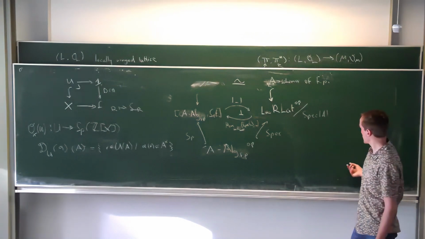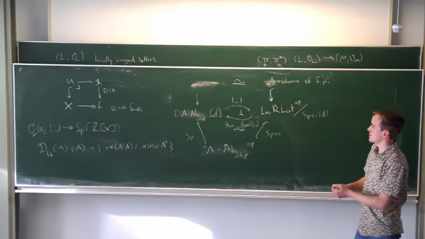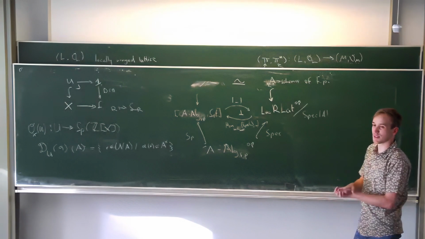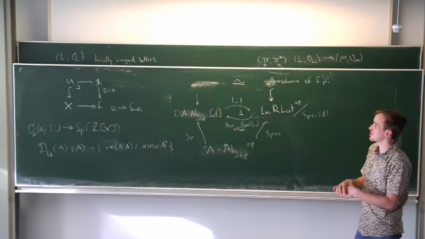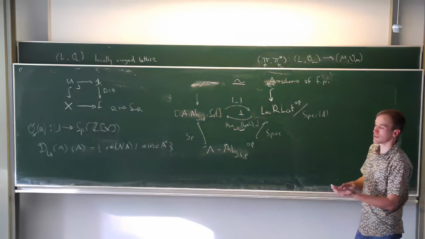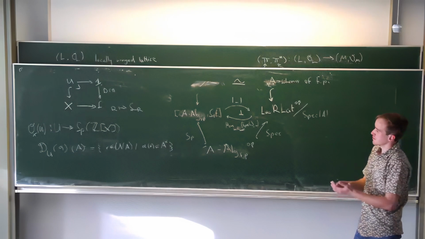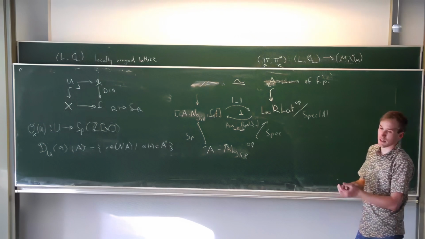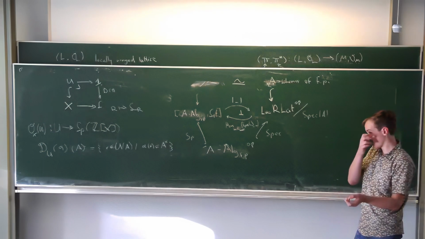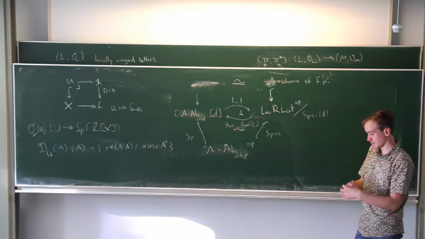Well, you can do something kind of like what Peter Scholze is doing with condensed sets. So you cut off your category of algebras or rings at some regular cardinal. Then you have a category, but you don't get a topos.